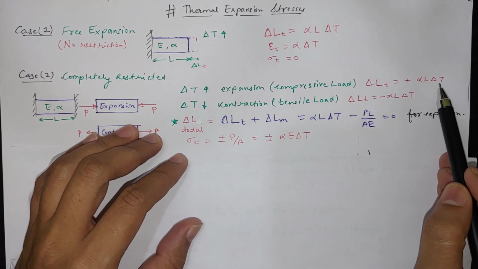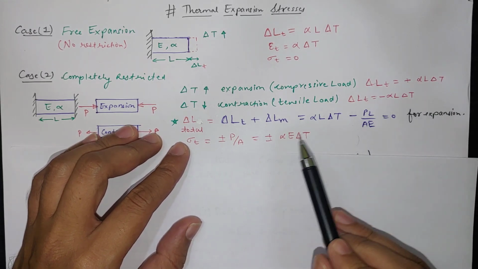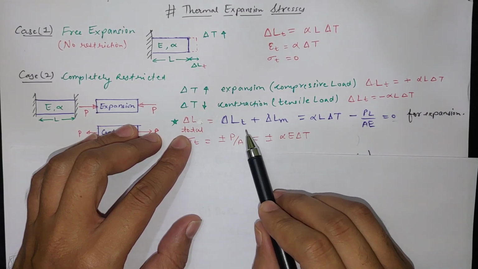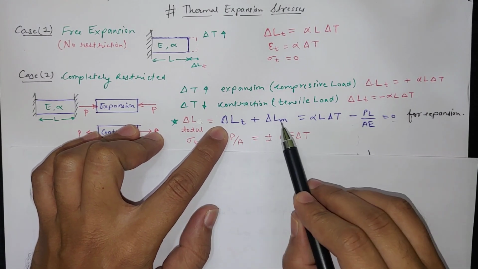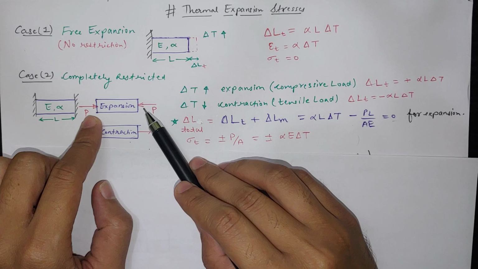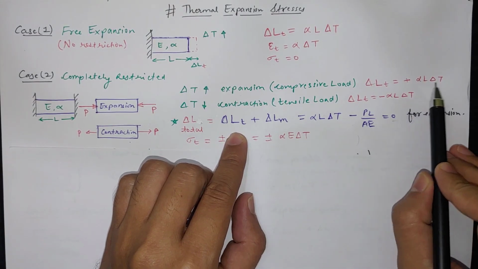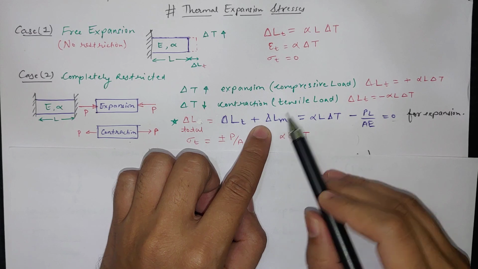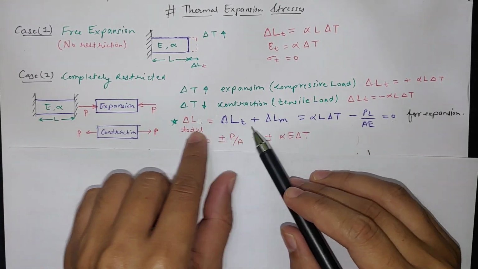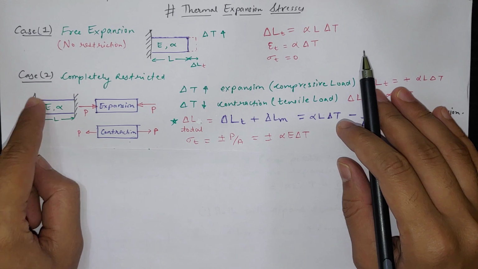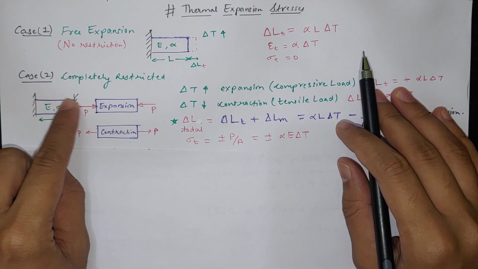So when we restrict it, the total delta L will be 0. But thermal plus mechanical, the external load which is generated. So here delta L thermal is this much, delta L mechanical is due to this external load, and the total expansion will be 0 because in the final case it is not changing its length.